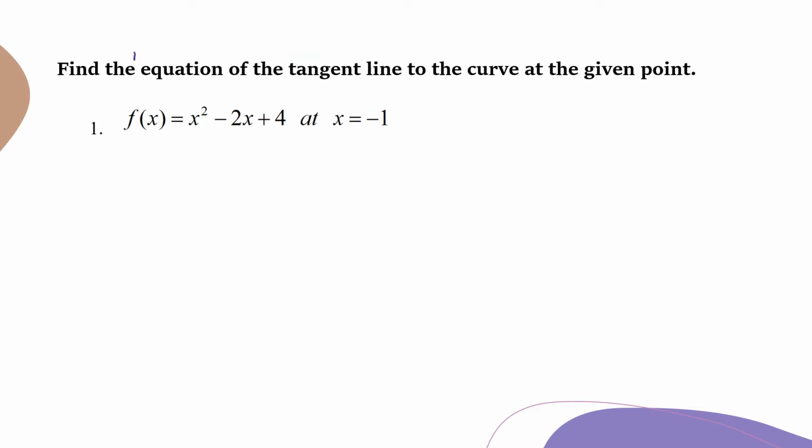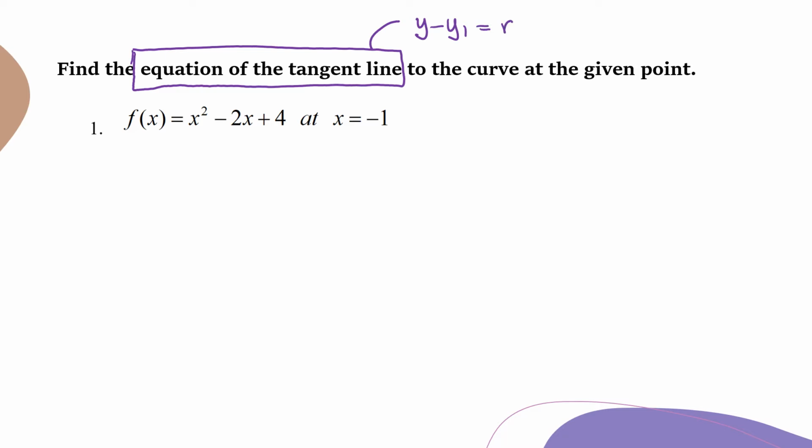And actually, let me just box that whole thing. Equation of the tangent line. So anytime you're asked to find the equation of a line, that means you probably want to use y minus y1 is equal to m times x minus x1, so the point-slope form of a linear equation.